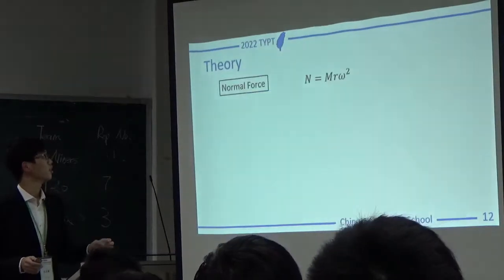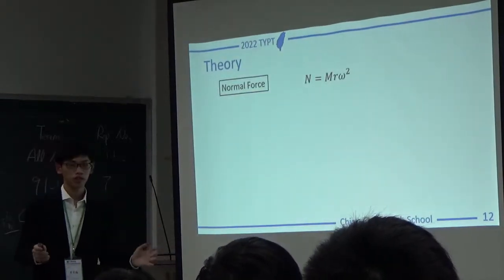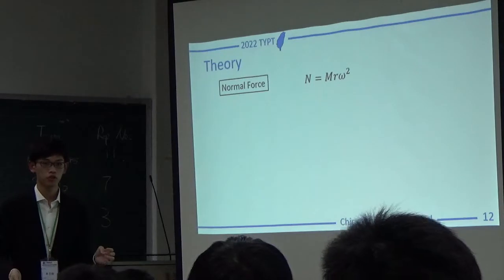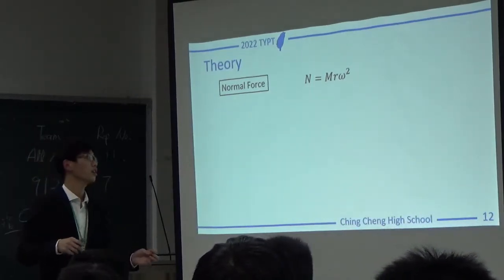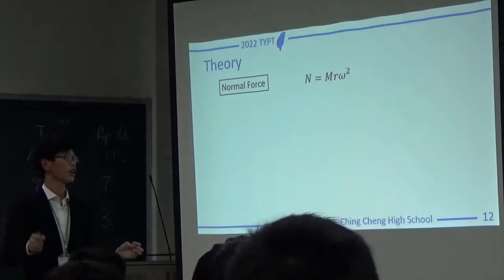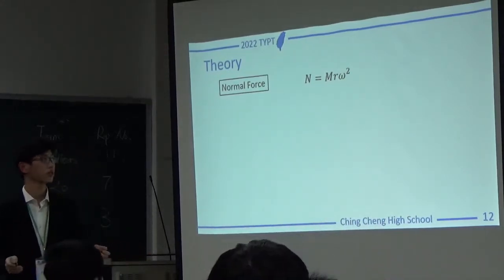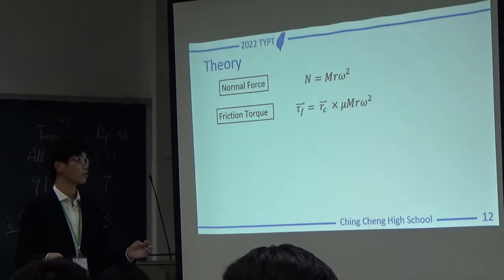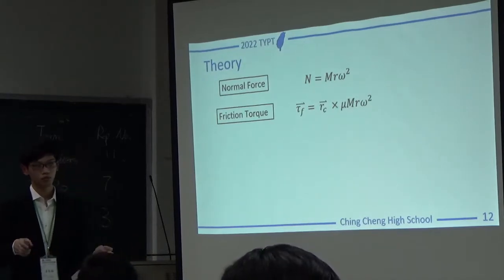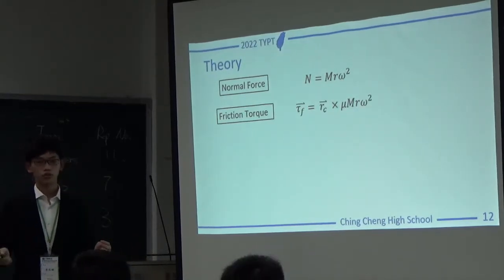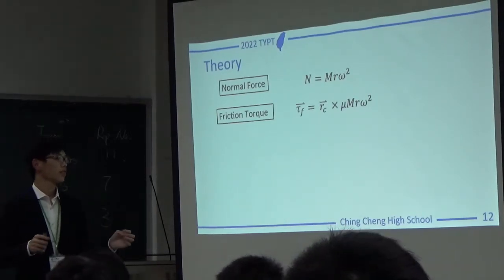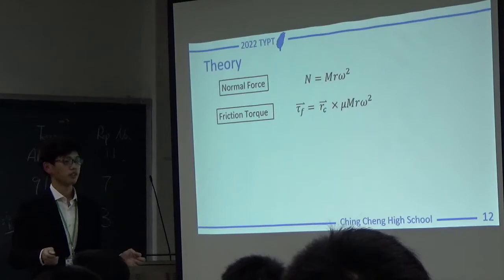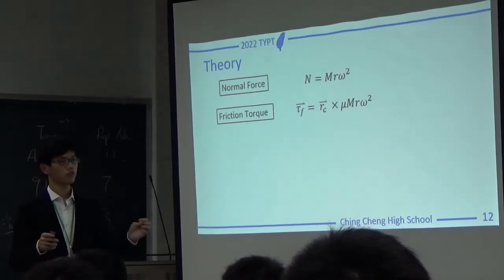The normal force here equals the centrifugal force when the washer is spinning, and it can be written as m times r times omega squared. We can get the frictional torque by multiplying it with the coefficient of friction and the distance of the axis and the force.